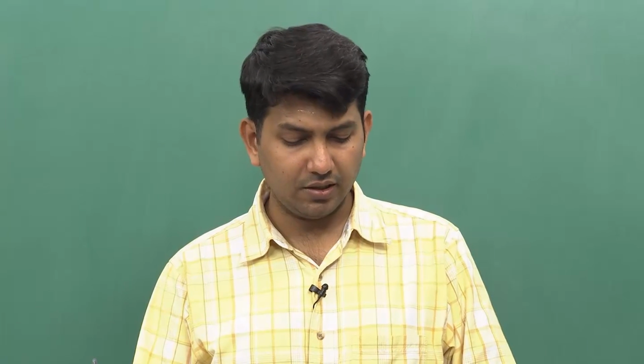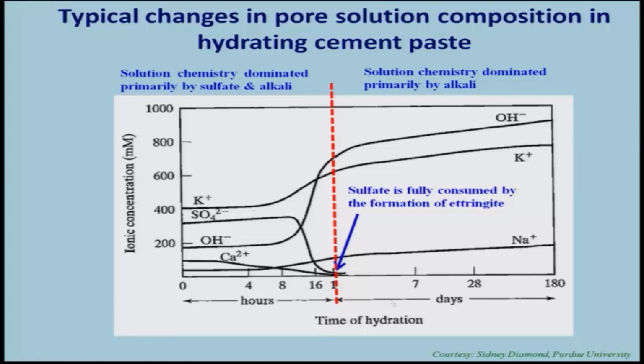So, in this curve, time is taken on the x axis from 0 to about 180 days. Remember that this is a log plot and not a normal plot. So, that is why you find the hours shown from here to here and then days shown from here to here. The x axis is not to scale.